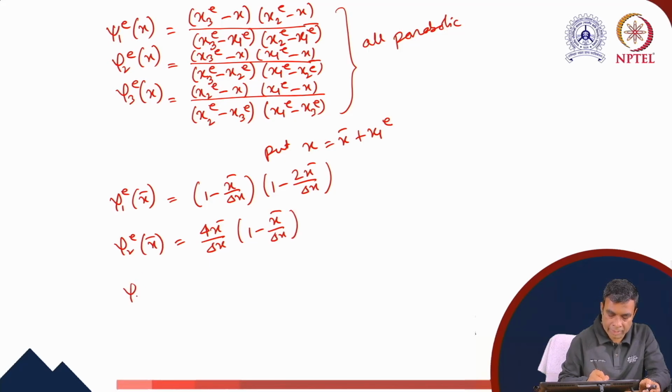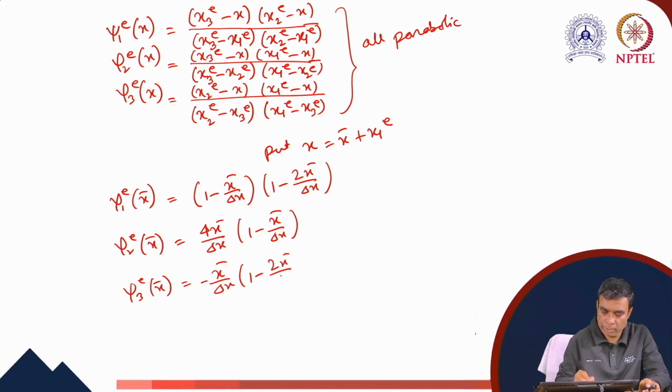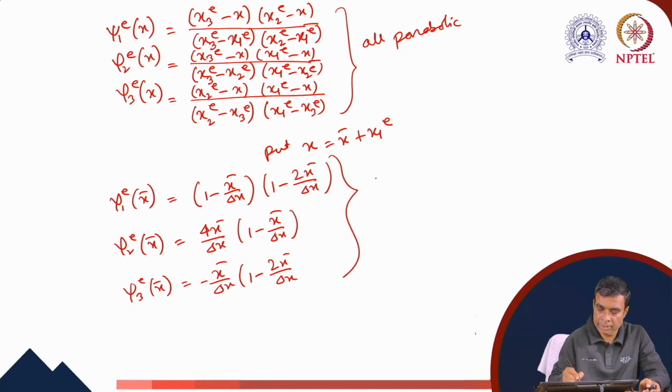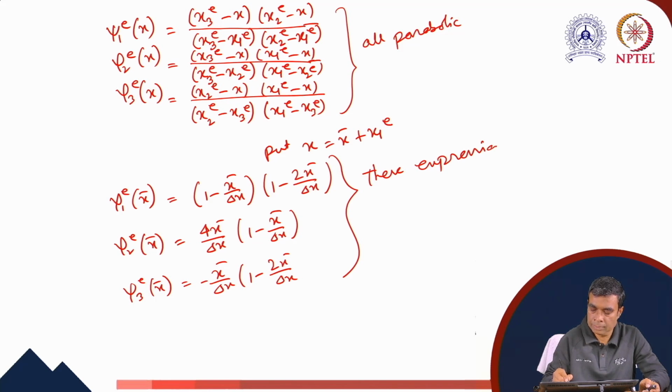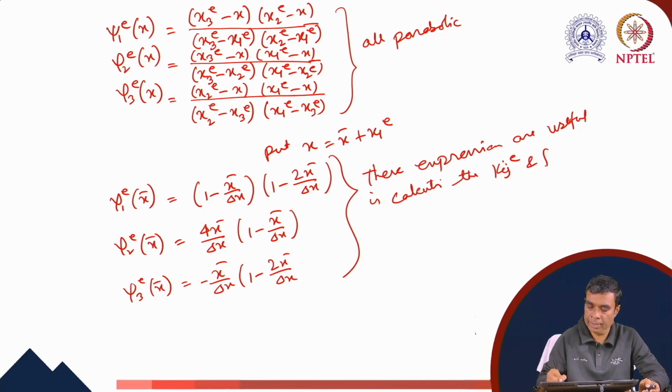And psi3e of x bar equals minus x bar by delta x into 1 minus 2x bar by delta x. These expressions are useful in calculating the Kije and Fie terms for quadratic elements.